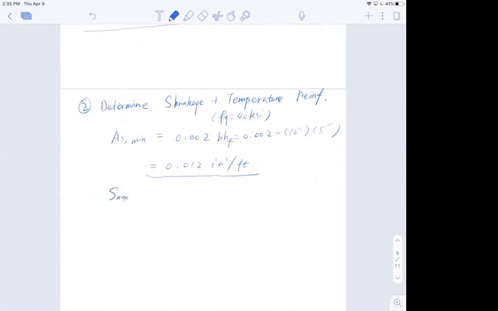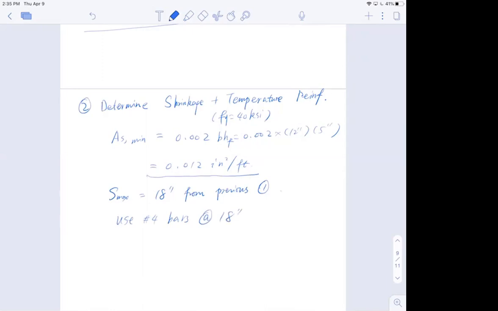For the max spacing, I need it equal to 18 inches from the previous case, from deflection control spacing. So if I'm going to use number 4 bars to satisfy these two requirements, I can just set number 4 bars within 18 inches spacing.